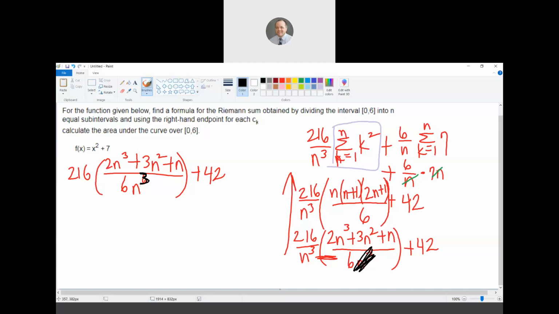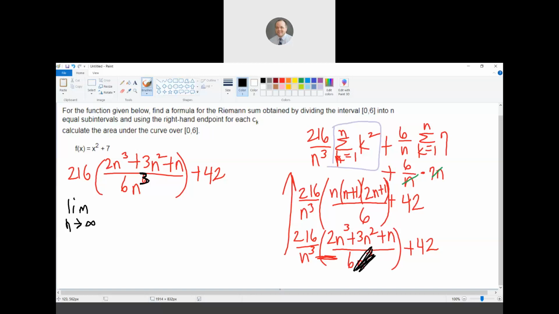Now we're ready to take the limit as n approaches positive infinity. Because we got two parts, I'll separate this into two limits. We have the 216.